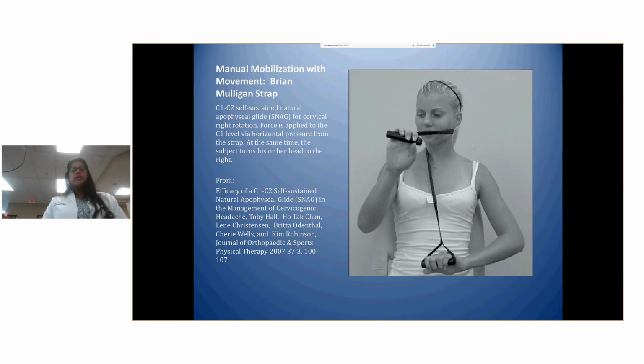The force is applied at the C1 level with the strap that goes around the back at that level. And at the same time, the patient is turning the head towards the right and pulling as well. So that's what the self-snag is demonstrated to be.